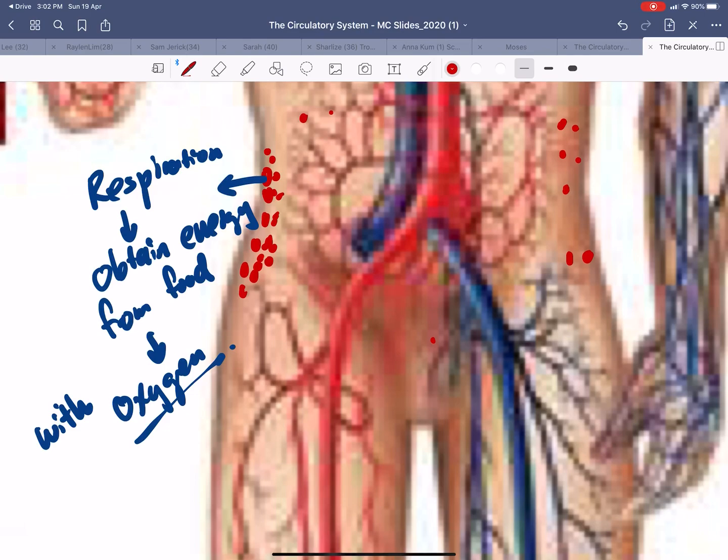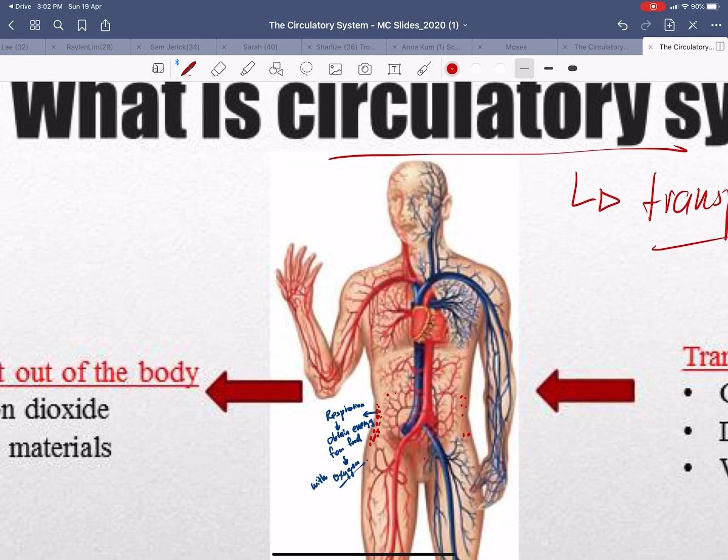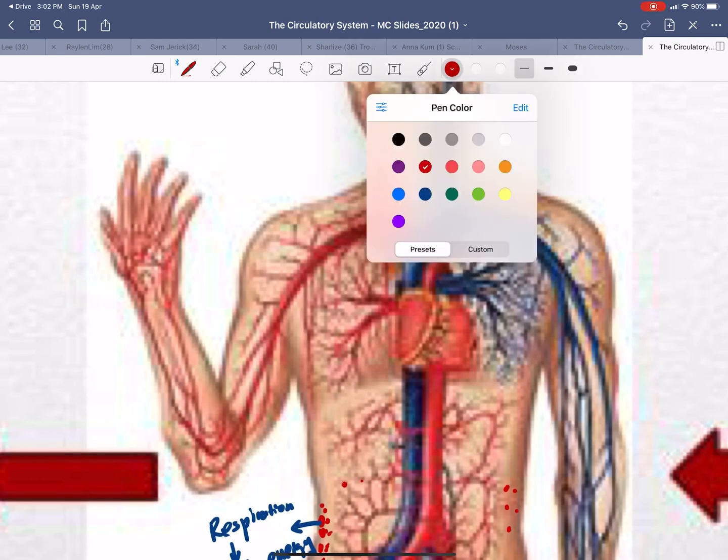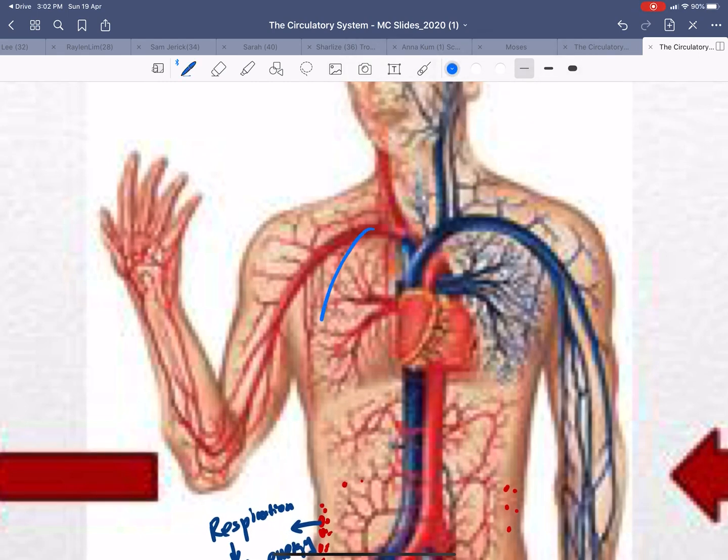However, if you remember, the part that actually gets your oxygen in the first place would be your lungs, where gaseous exchange actually happens. So the whole idea is I need to be able to transport this oxygen that has been obtained in your lungs very quickly to every single cell and every single part of your body. So in order to do that, Mother Nature is wonderful.